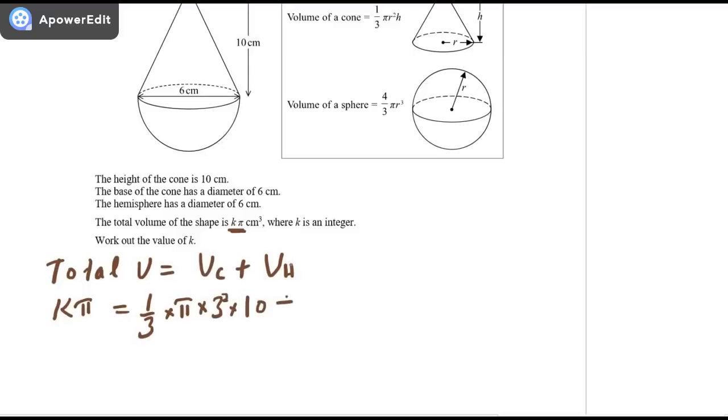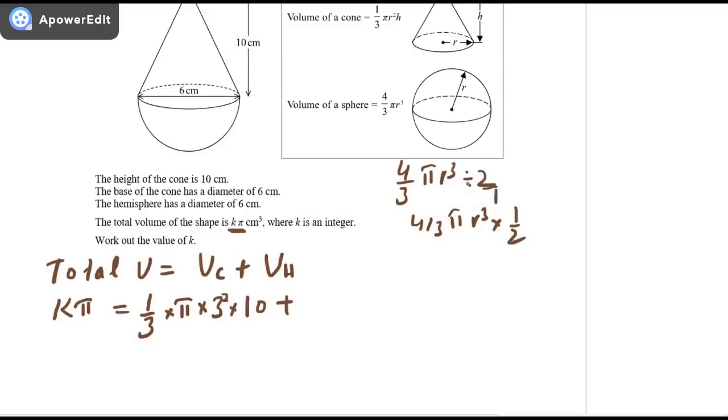Now plus volume of hemisphere. So this is sphere, so I can write down here. When you find the volume of hemisphere, we divide it by 2. So if we do 4/3 pi r cubed, we divide by 2. So we do 4/3 pi r cubed, then we times half.